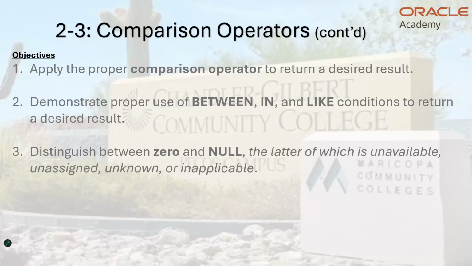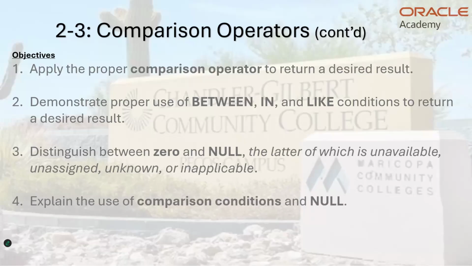This is important. Null, you remember, is not 0, it's undefined. So null is undefined, unavailable, unknown, inapplicable, et cetera. It's not blank or 0. And explain the use of comparison conditions and null, because null, if you don't handle it correctly, can drive you crazy as far as the results.